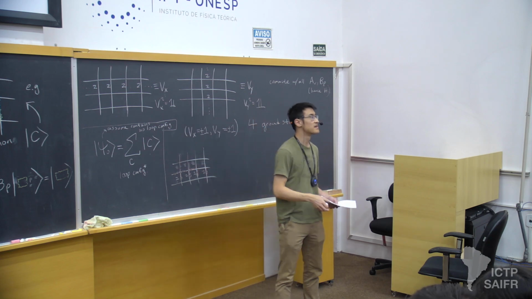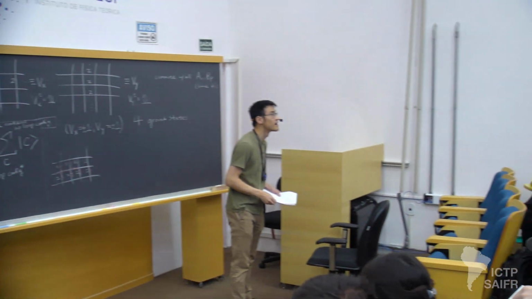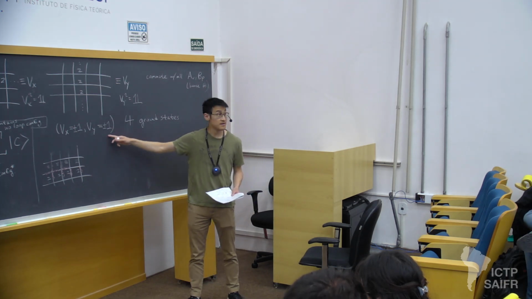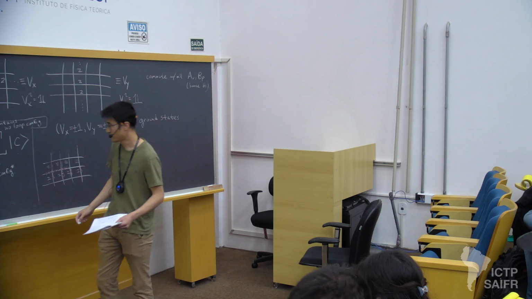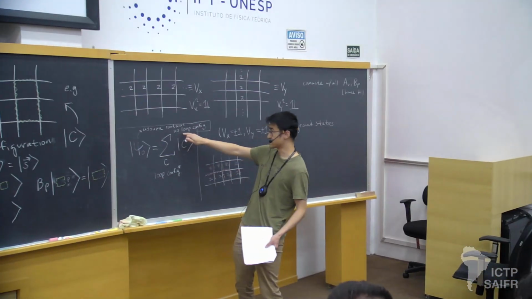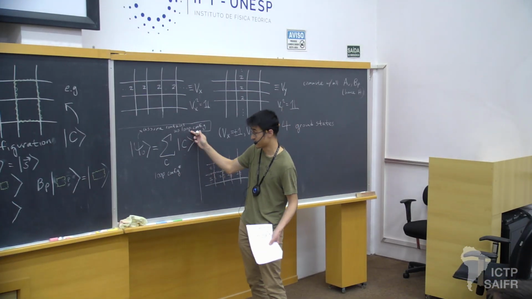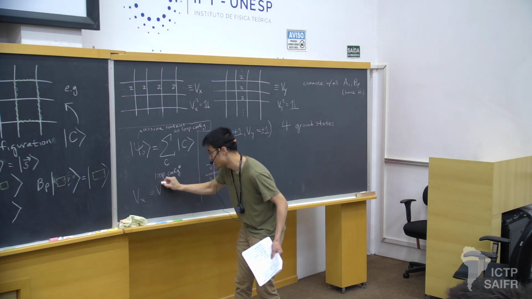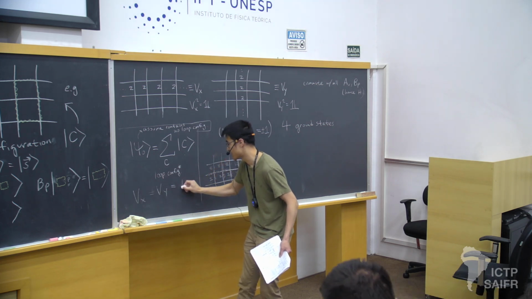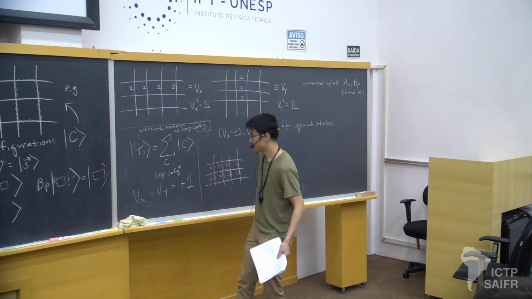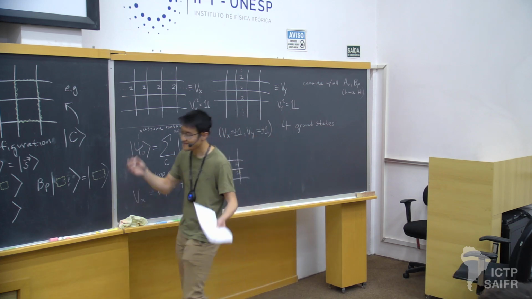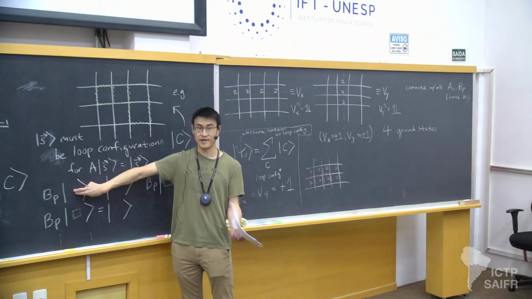Yes, very good. So this state that I constructed, starting from the no loop configuration, has value Vx equals Vy equals +1. That's because I can first check this reference configuration that I started out with.